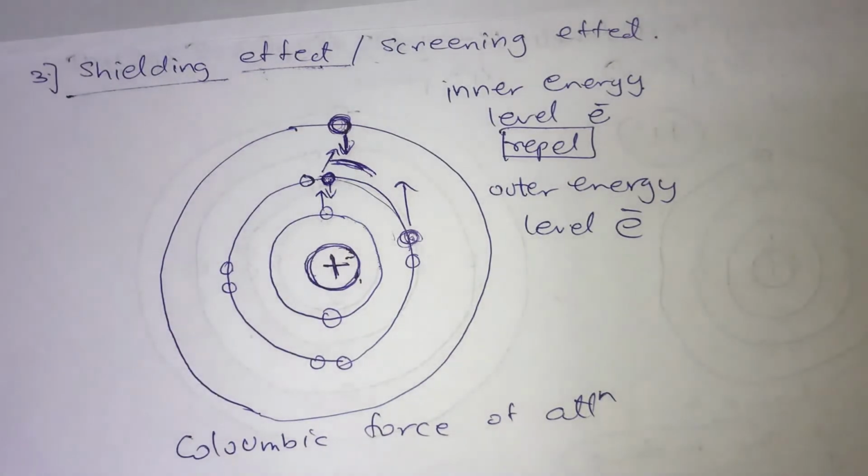We will understand this shielding effect in depth as we understand the atomic size and variation in atomic size very soon. So I hope, guys, you have understood the three basic factors that are responsible for changes in the properties. Now I would like to mention one thing here.